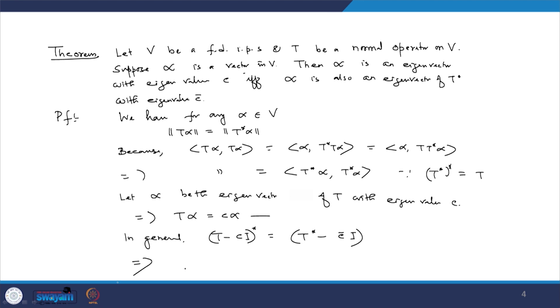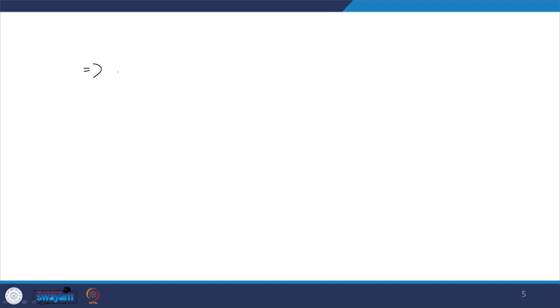So, using the previous result, norm of (T minus C I) alpha will be equal to norm of (T star minus C bar I) alpha, for any alpha belonging to V. This implies (T minus C I) alpha equals 0 if and only if (T star minus C bar I) alpha equals 0.